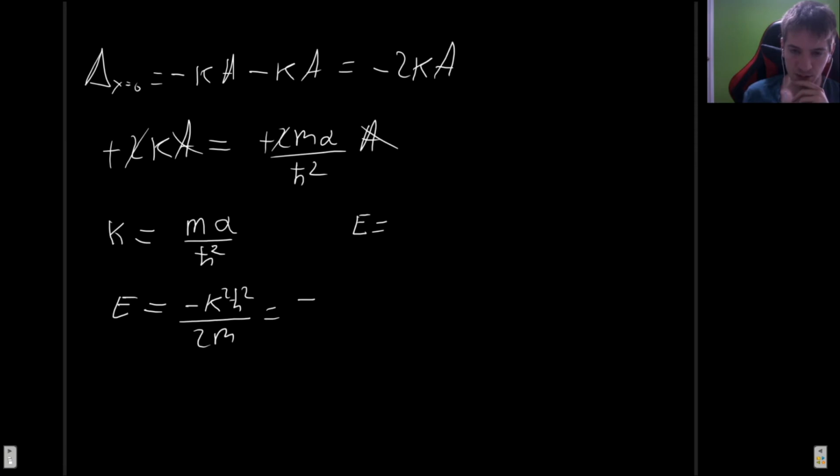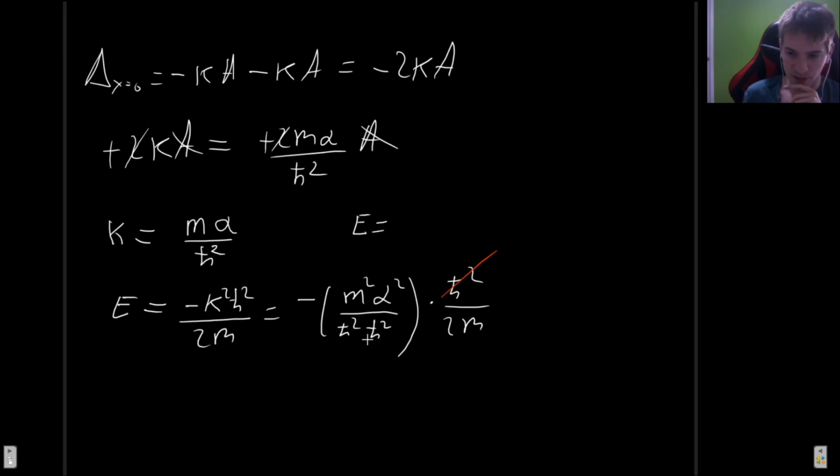So this is going to be minus m squared alpha squared over h bar to the fourth, times h bar squared, divided by 2m. And here we can simplify, so we get that the energy is going to be minus m alpha squared divided by 2 h bar squared.